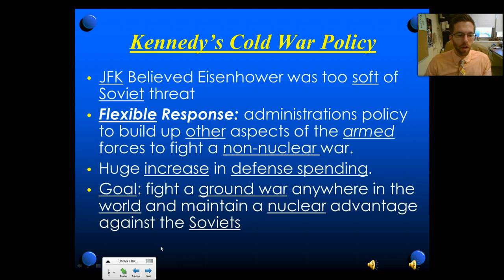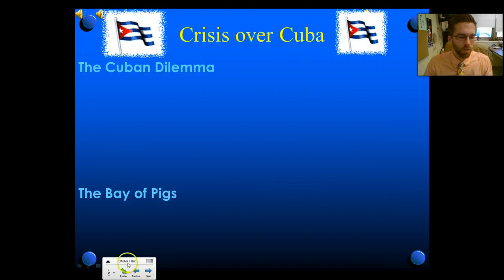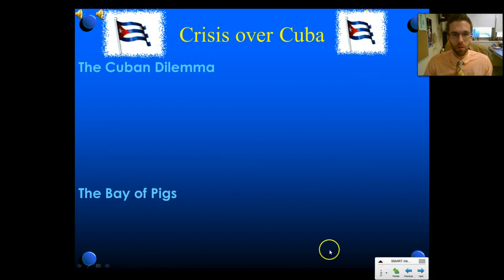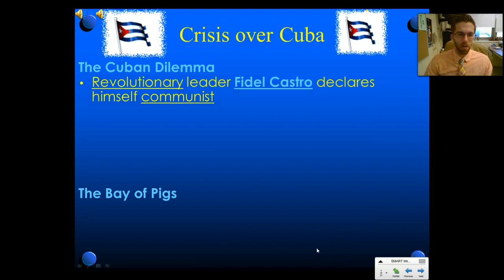Okay. Now, the first issue that happens right away when Kennedy is in office: Castro, the revolutionary leader in Cuba. Cuba has a communist revolution.